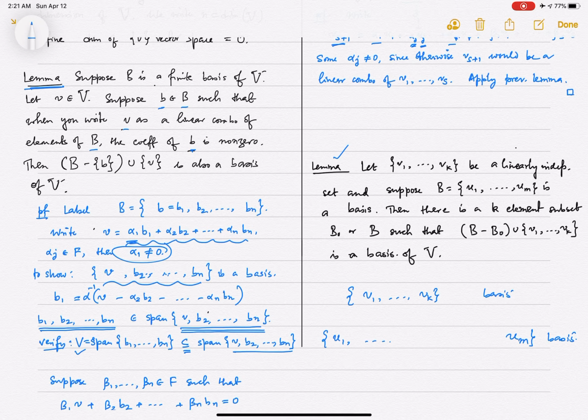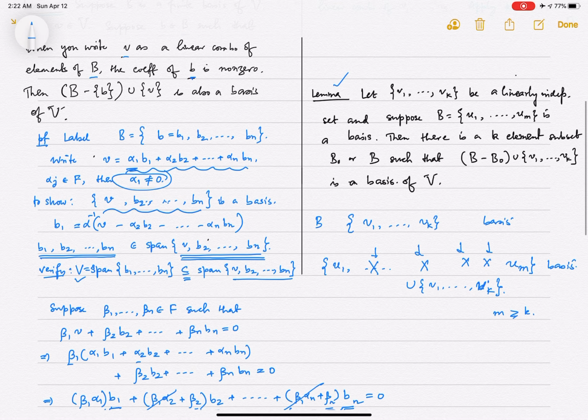And without loss, I can assume that m is bigger than or equal to k. One of them will have more stuff. Let's say this one has more stuff. Then this lemma tells you that you can throw away k of these u's, and add v1, v2, ..., vk, and it's still a basis.